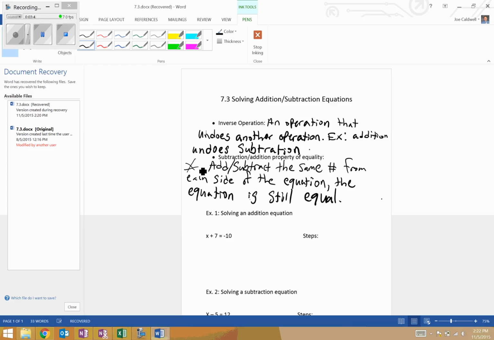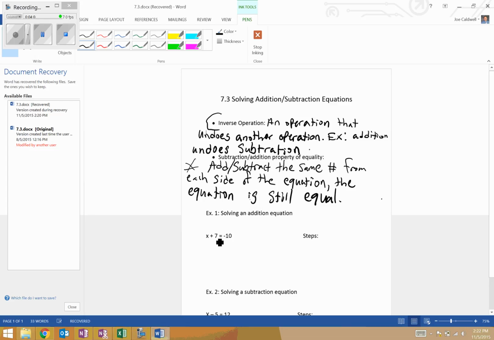We want to isolate the variable, to get the variable by itself, so we want everything on the same side as the variable to cancel out. How do we get things to cancel out? We use inverse operations. So what is being done to the x in this first equation? Well, 7 is being added to it.